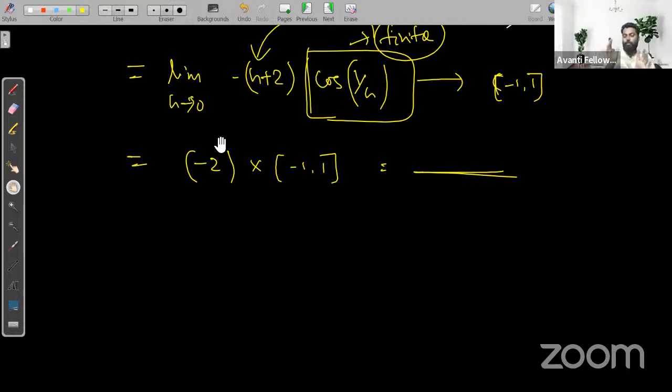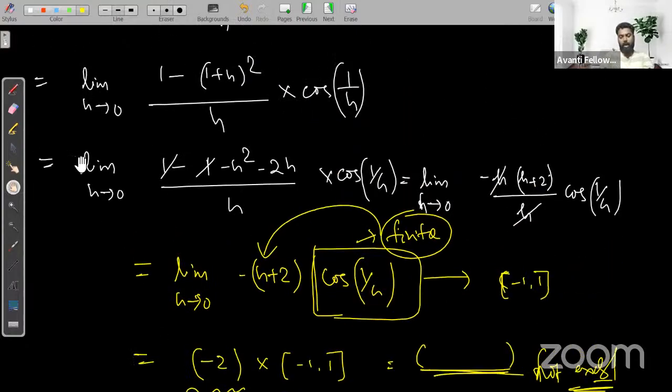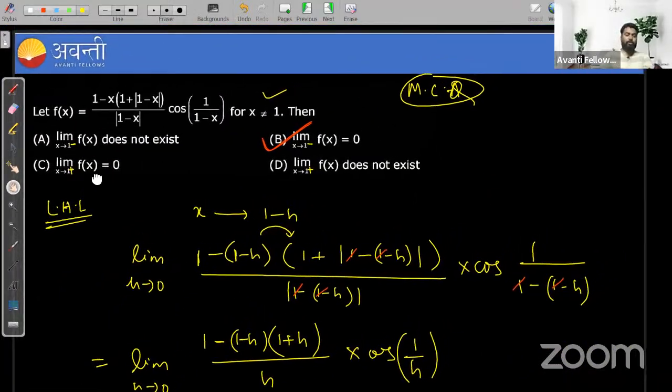Any real number you can choose from -1 to 1, and you will multiply with 0, that will be giving you 0. But in this case, here we are having -2. If you choose any point in this interval, then it will be giving you an infinite number of values. So this is not finite, does not exist. So the right hand limit does not exist.